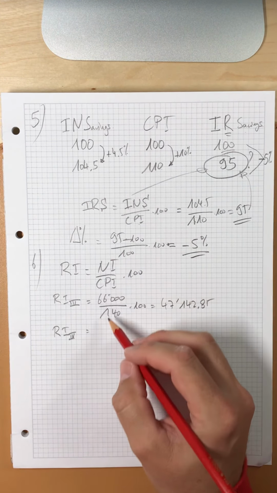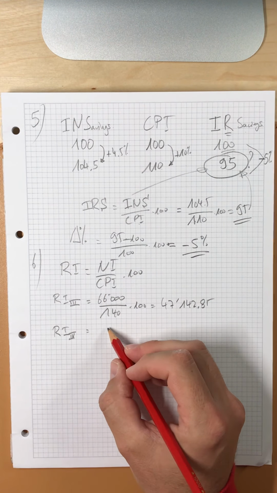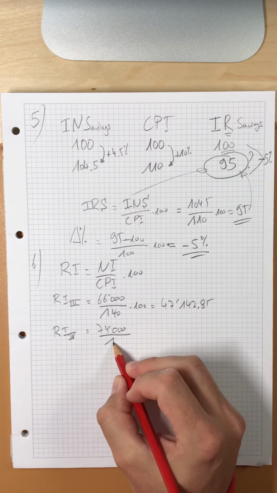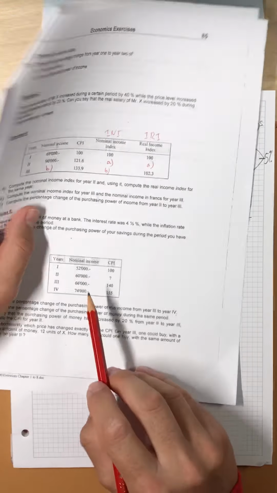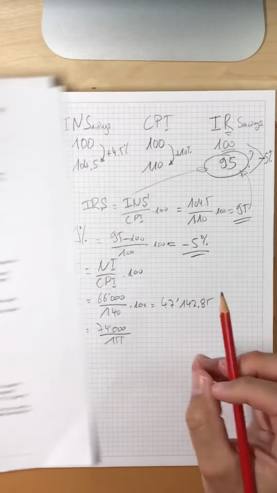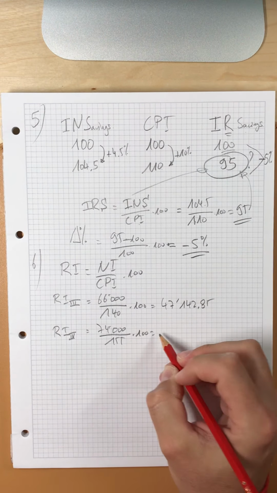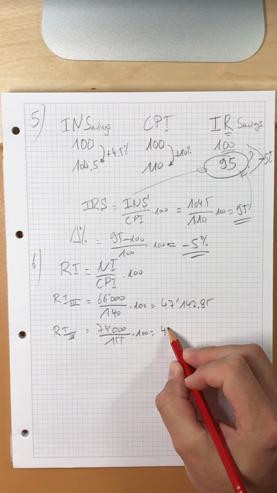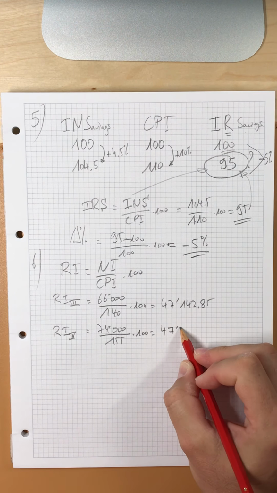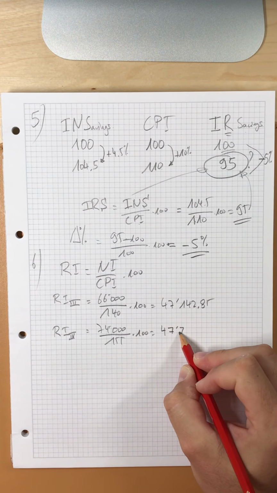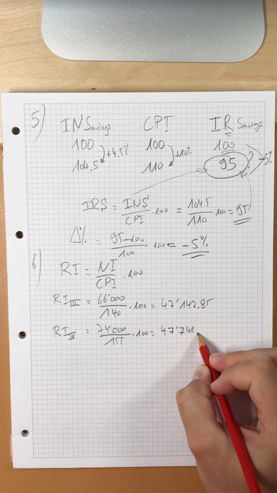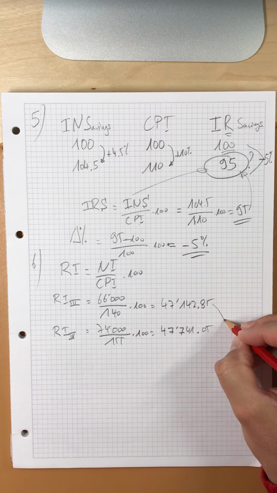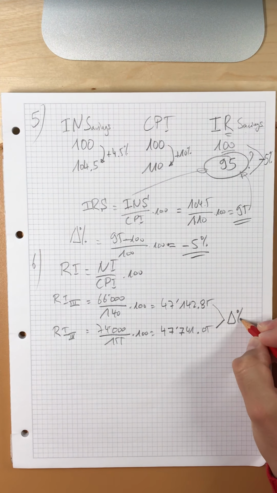Always the same formula: nominal income, 74,000 over 155, times 100. And the real income is now equal to 47,741.05.